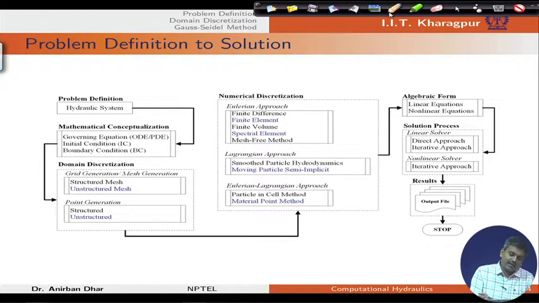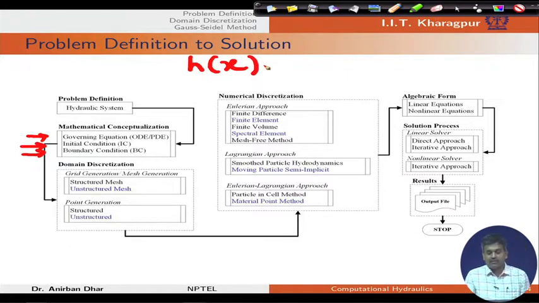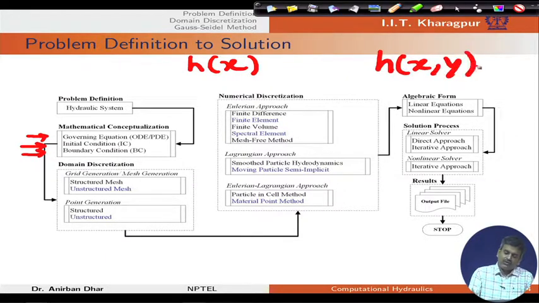If we conceptualize our groundwater problem as a 2D problem, then the governing equation will change. In our previous case, we conceptualized the governing equation in terms of one dimensional flow, but if we say that H is a function of x, y, there is variation in H over the x y or spatial domain, but not in the z direction.